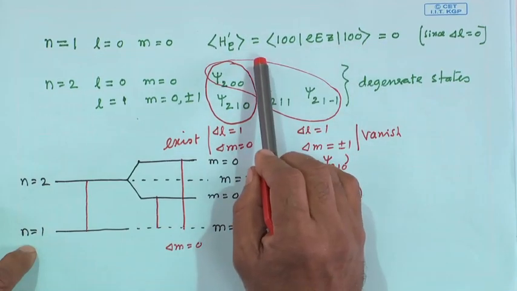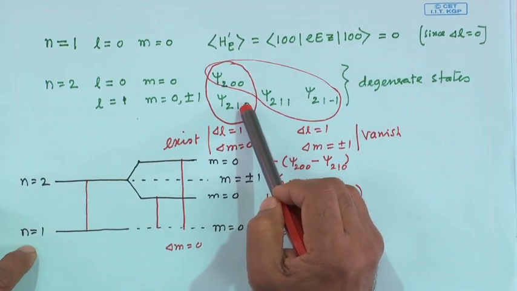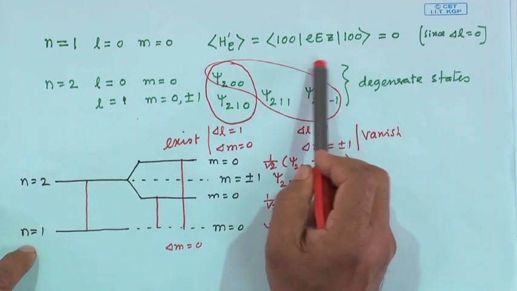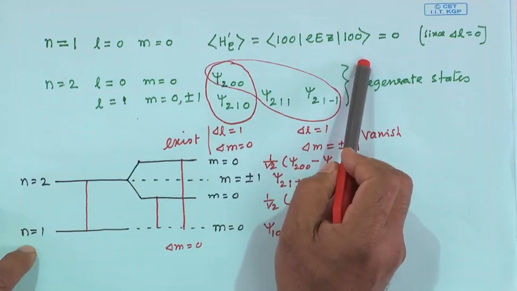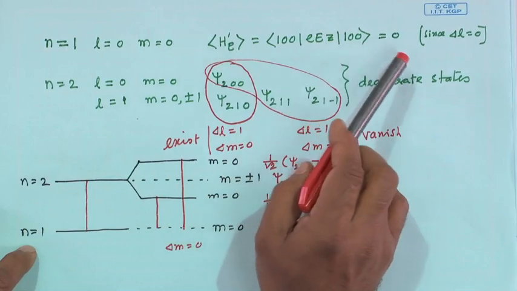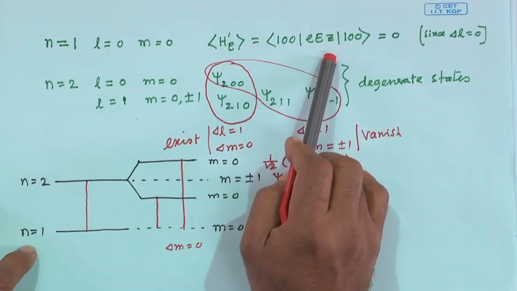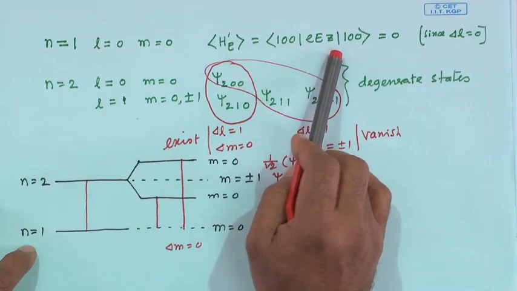And m is 0 in both cases, so del m equal to 0. Then for these two wave functions, the term will not be equal to 0. It will give some value, and one can calculate that value.